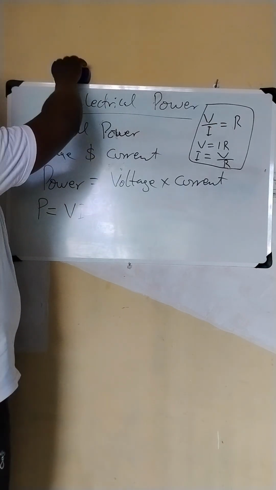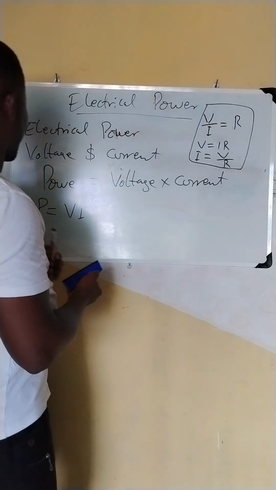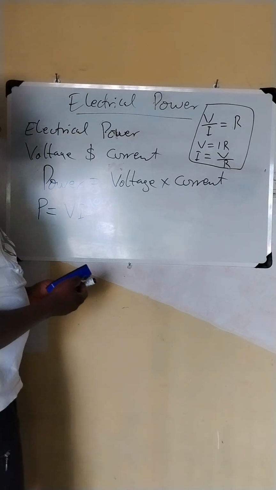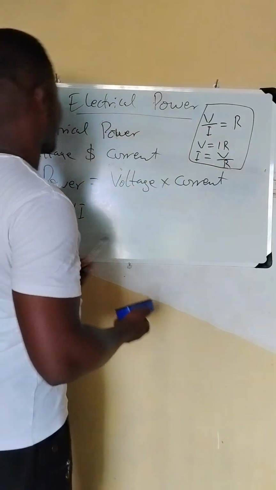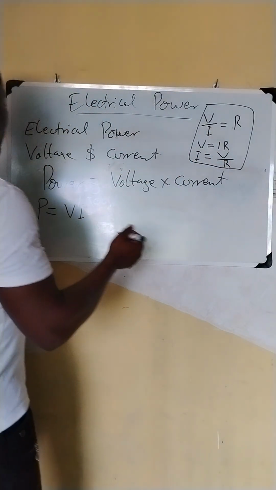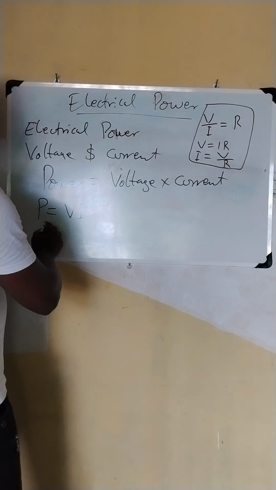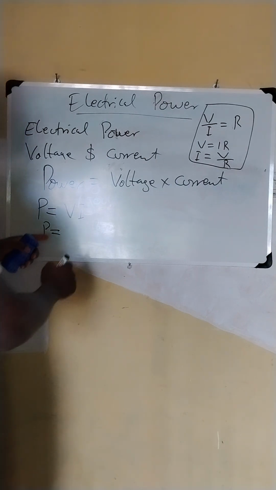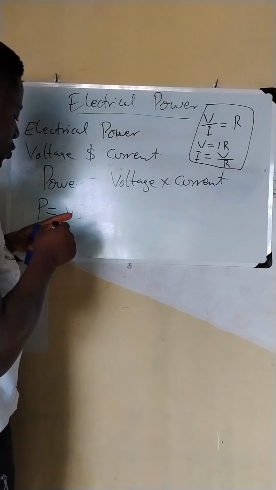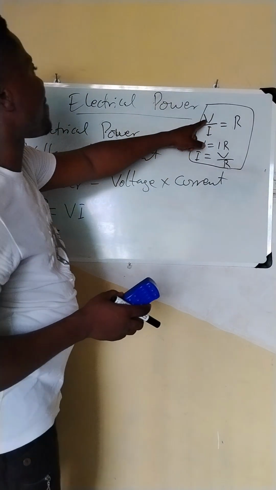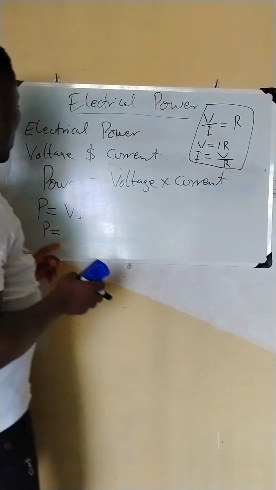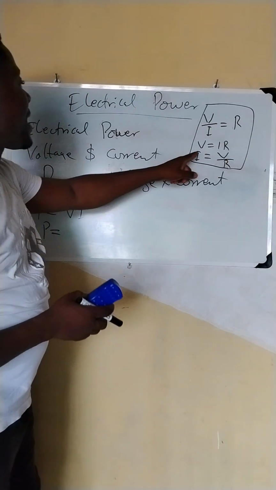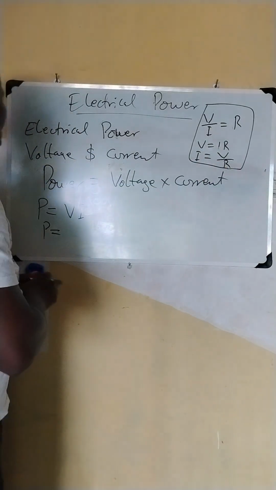Now, if you want to write power in terms of current and resistance, let's look at the board. Here P is equal to VI. From Ohm's law, V over I is equal to R, but what you are looking for now is V. So V is equal to IR.